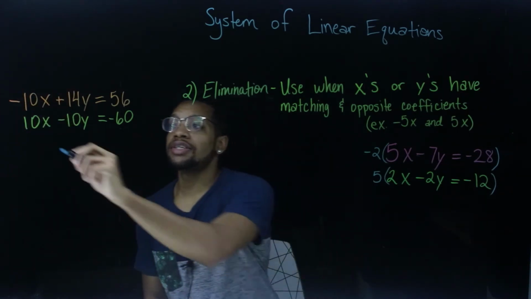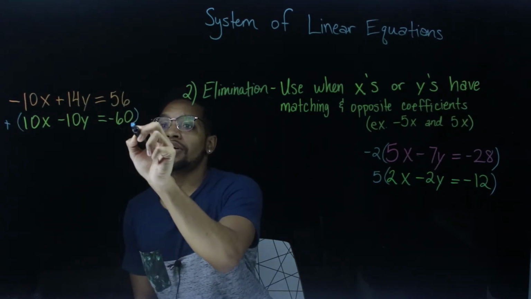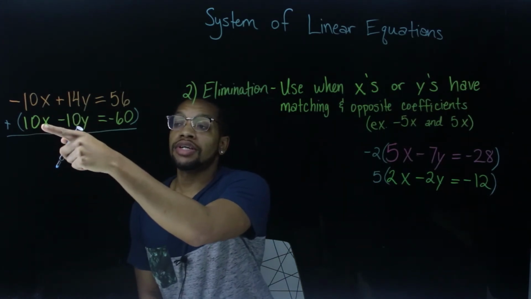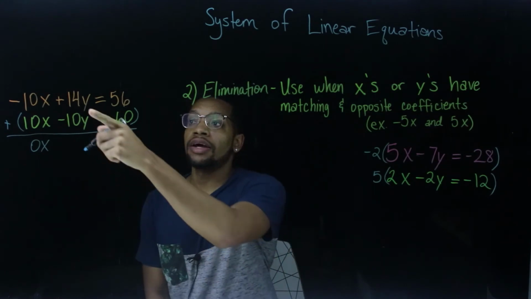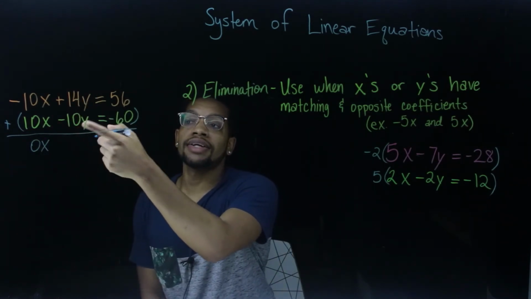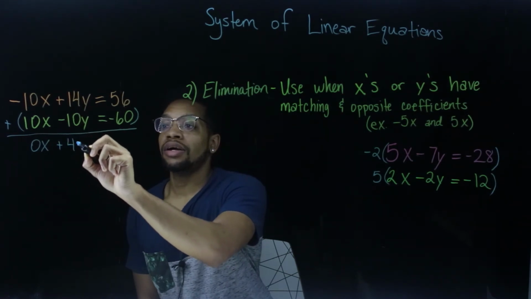Just like last example, you're going to add one equation to the other. When I do that, -10x plus 10x is just going to be 0x. That's the elimination right there. 14y minus 10y gives me a positive 4y.